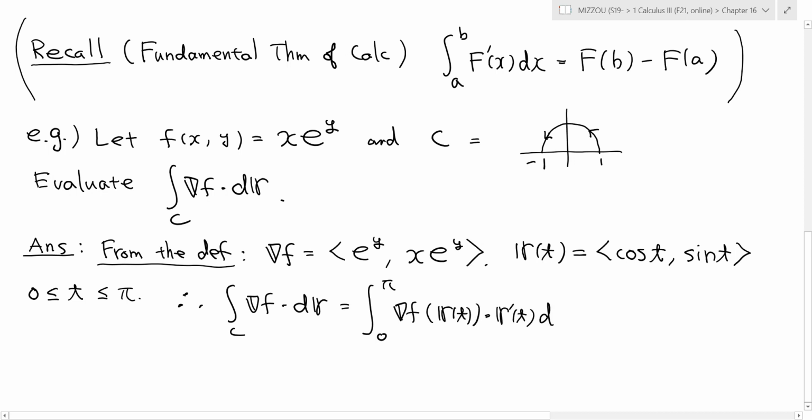Okay, it's a little messy indeed. If you work this out, you just plug the parameterization into the vector field you integrate.